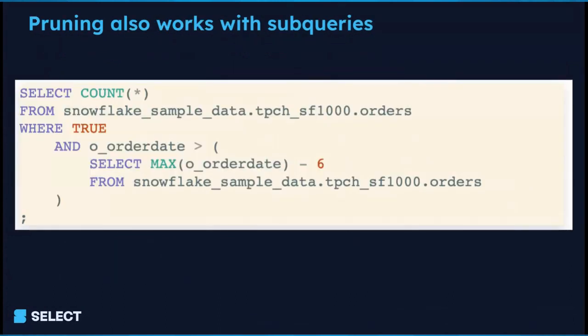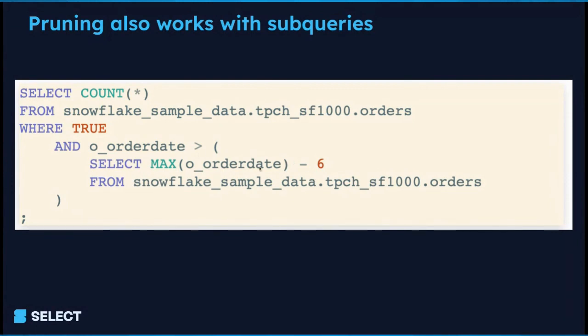And Snowflake has continually improved their query engine to make pruning better and better. If we flash back to 2015 when Snowflake was early on, something like this probably wouldn't have worked, where you're doing a filter on this table, filtering order date greater than, and you have a subquery that selects a date and does some math on it.